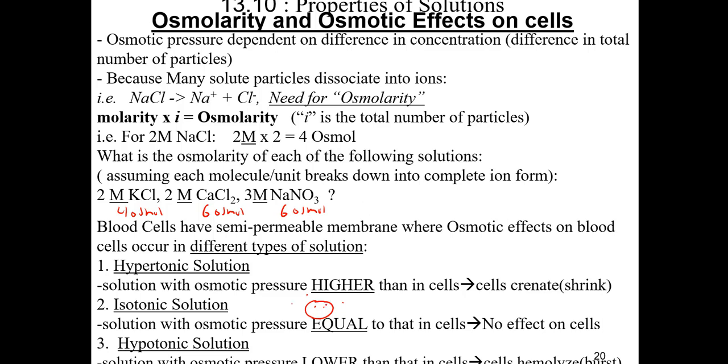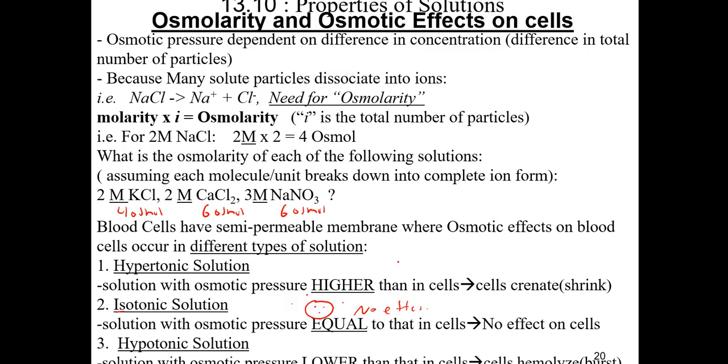Water doesn't care to move in or out of the cell because there's an equal number of solute particles on each side. So iso means equal, and then tonic refers to the solute particles. So equal solute particles on the inside and outside of the cell. So there is going to be no effect on the cell.